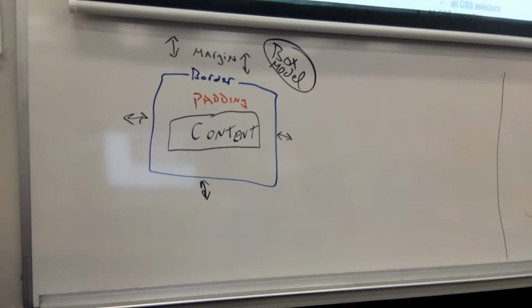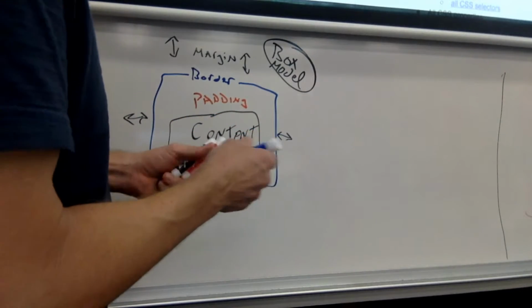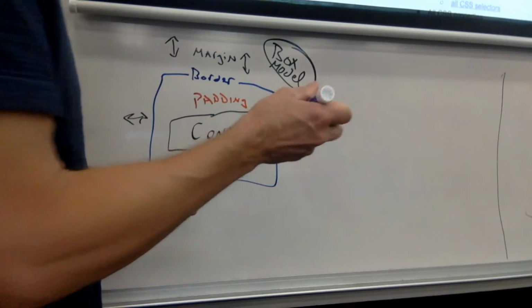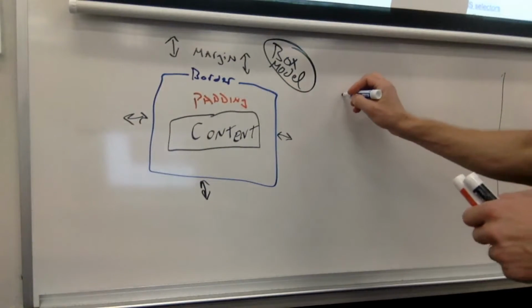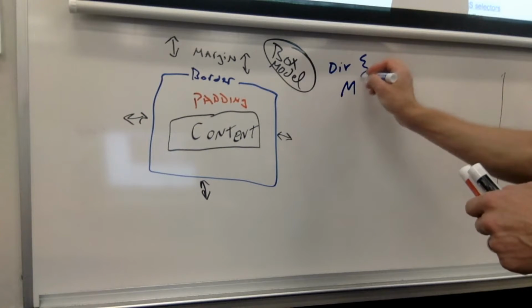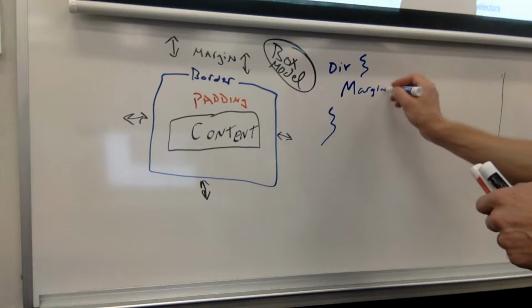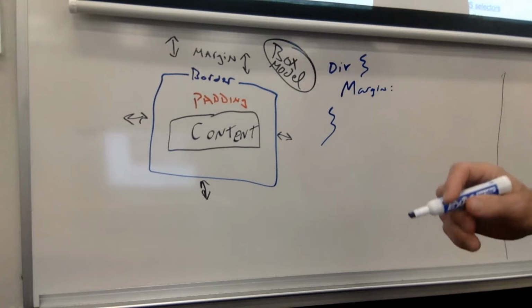All right? And then when we set those, so let's say we were going to set margin. So maybe here's our property would be margin. So we'd have div, right? And so for all of our divs, we'd have margin. And then we'd have some values.